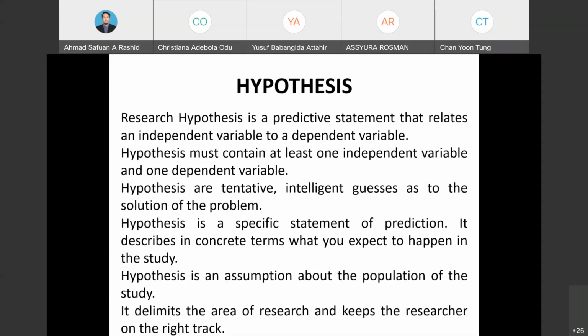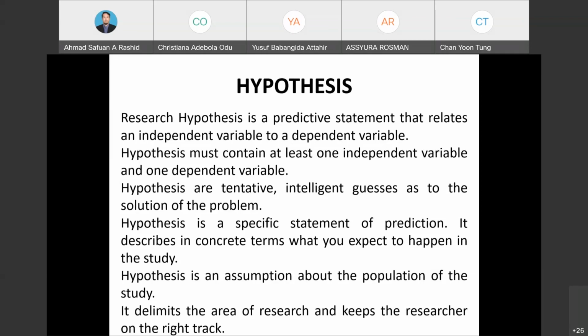Although the hypothesis does not need to be prepared in your thesis, at least you know how to use the hypothesis. Okay. This hypothesis is a predictive statement that relates an independent variable to a dependent variable.